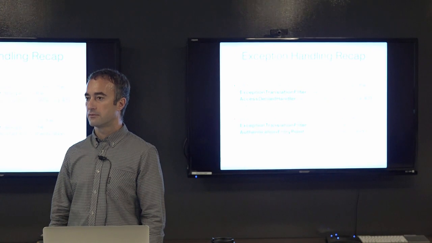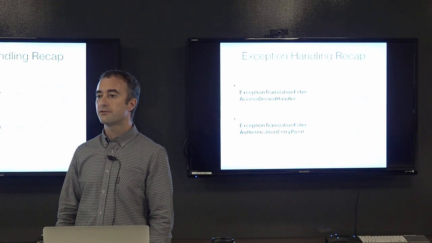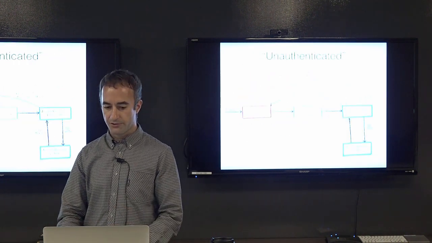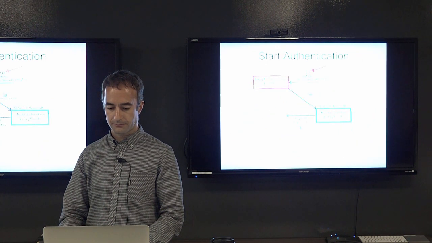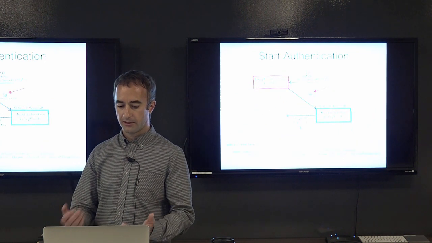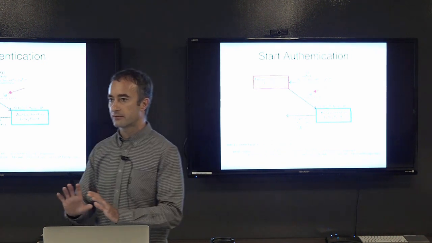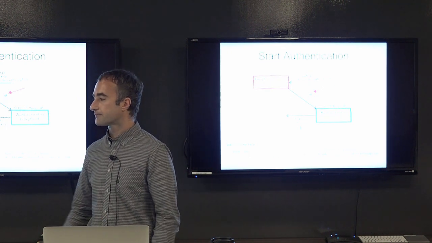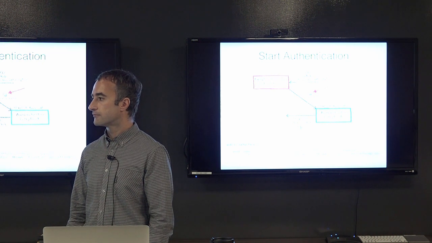You could do whatever you want, because this authentication entry point interface gets the request, the response, and the exception. You could literally do anything you want with the response. The default is actually a chain, so it tries a number in order until it finds one that it likes.